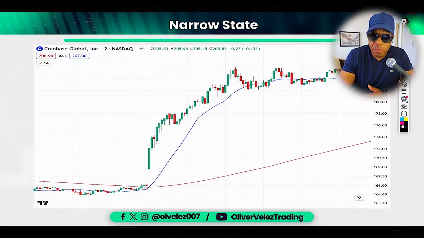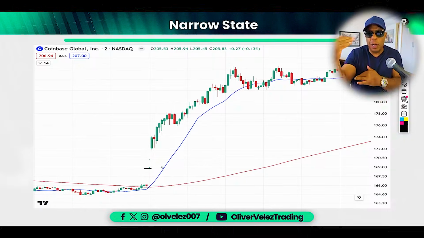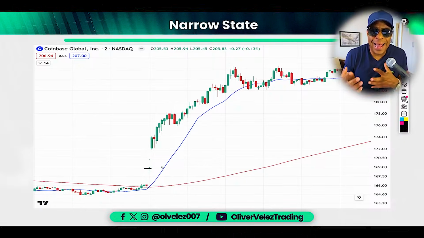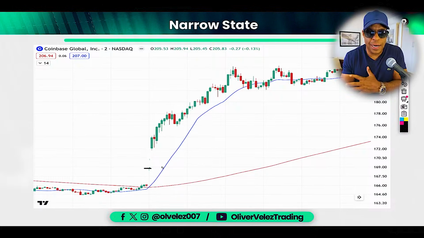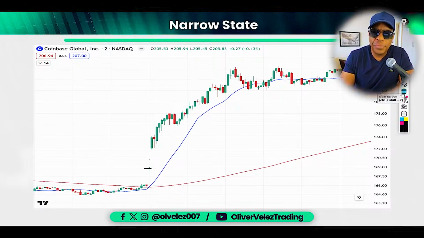Here's my first bar. Now, guys, look. Here's how the first bar forms, right? First, it forms with the open. So when it opens, we automatically know, boom, it's exploding to the upside. Now, I need to see power. I know the direction now. It's above the narrow state. I need to see green. So let me do this in stages.